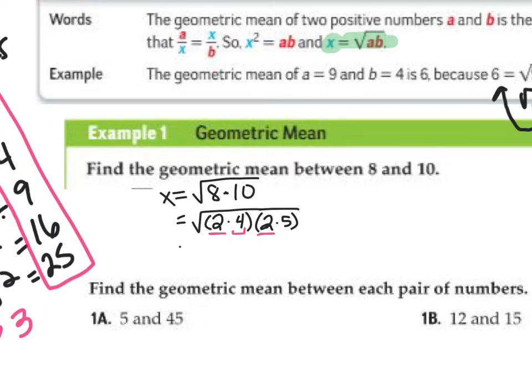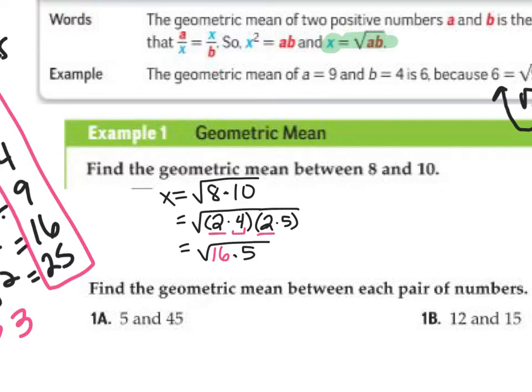Okay, so what I'm going to do, square root of, now I'm going to have 16 times 5. Because again, I want to find as many perfect squares as I can to make my life easier during this simplification process. Okay, so 2 times 4 times 2 is 16, which is a perfect square.